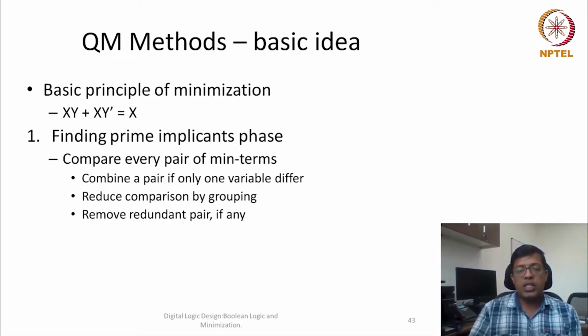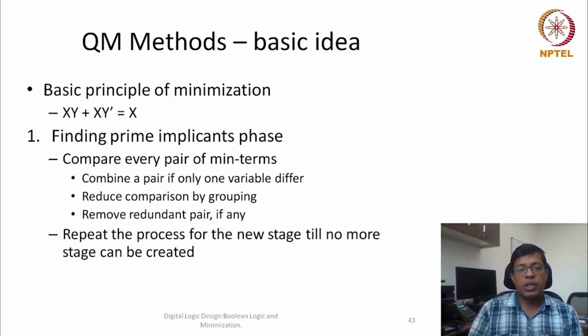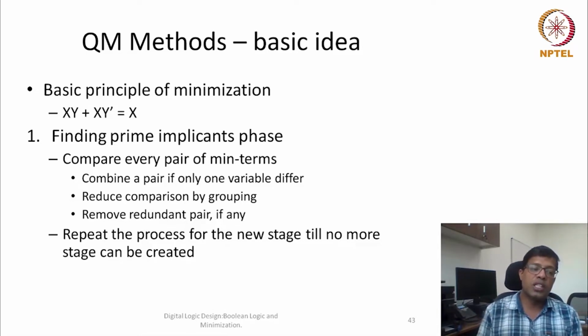Okay, so we'll see all these things with an example. After doing all the comparisons, sometimes if some particular pair is redundant, then we can remove it at this stage. This process would be repeated: after comparing, we'll get the second stage where one variable has been eliminated, then another stage where 2 variables have been eliminated, and a third stage where 3 variables have been eliminated.